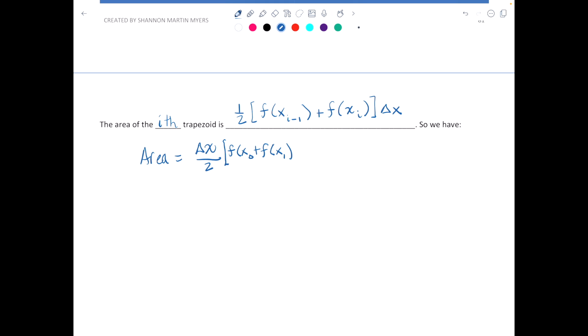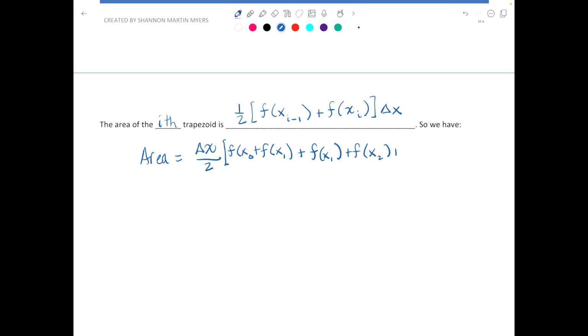That's the area of the first trapezoid. Good so far? And then the next trapezoid height or bases would be f of x1 plus f at x2. Good so far? And then it's going to keep repeating, right?